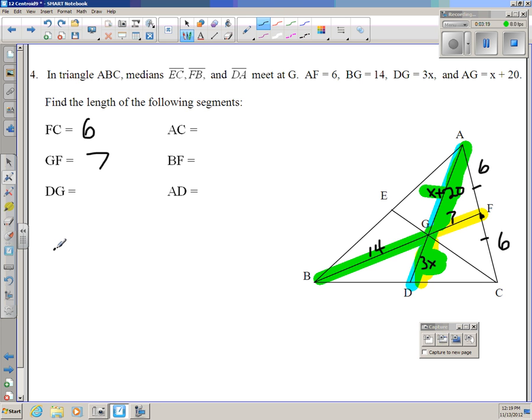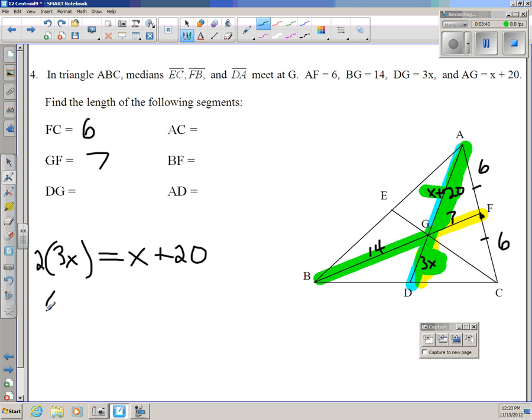I have my 3x, multiply it by 2. So parentheses around it, multiply it by 2, and that will equal the big piece, which is x plus 20. And now this gives us an equation that I can solve.